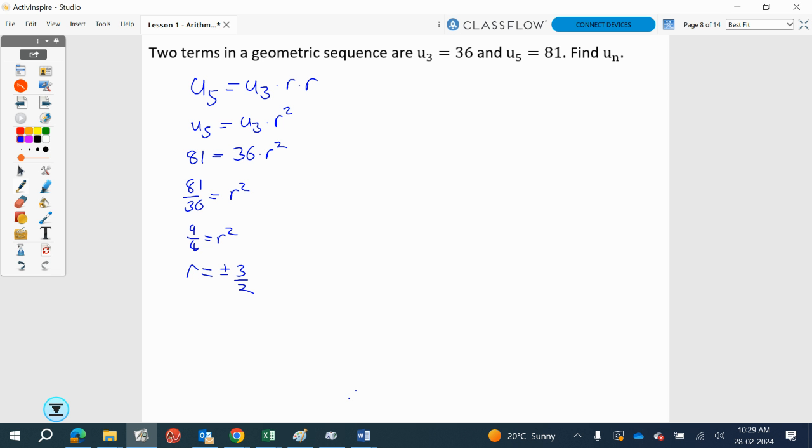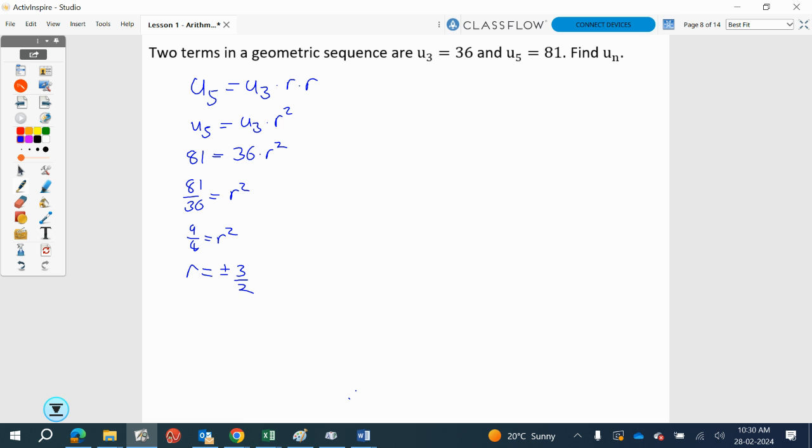Okay, so now we need to decide, can it be negative or positive? If it's positive, then all the terms will either be positive or all the terms will be negative. A positive is not going to change the sign. So if you have a geometric sequence and all of the terms are positive or all of the terms are negative, then the ratio is positive.